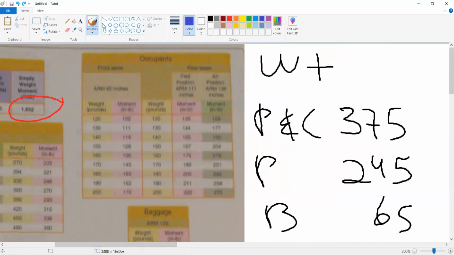The key number here is they do give us an arm, which is great, because all we have to do is multiply our number with the arm, and then we should be good. So let's go ahead and do that.